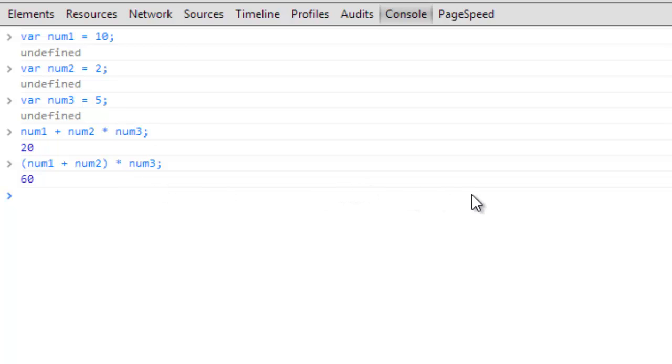So this can work for absolutely anything, and I really do encourage you to get on the JavaScript console and play around with this until you really do become familiar with it, because it is very important. It is something you're going to be using on a very regular basis.